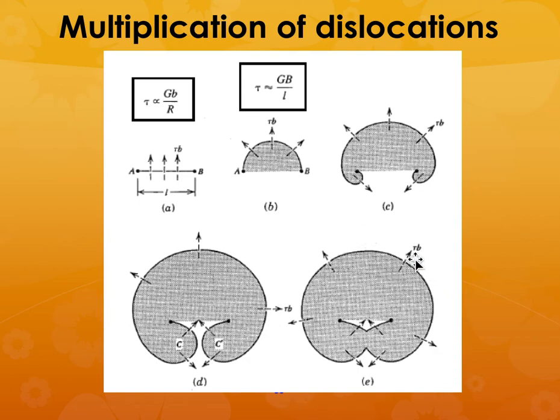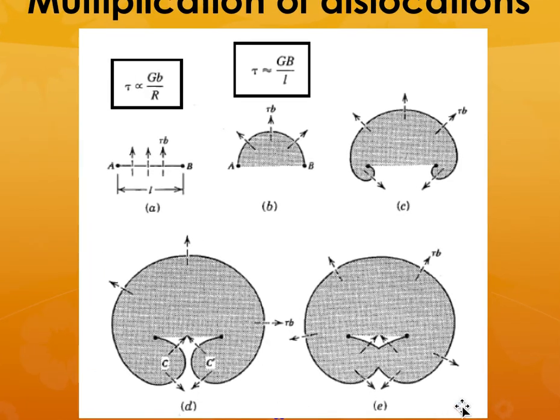Now you have a single circle around this. So there is a dislocation that has gone out from the inside. What do you do now? Now, when you apply more and more force, this line starts bowing out again, and then again it will create another circle.